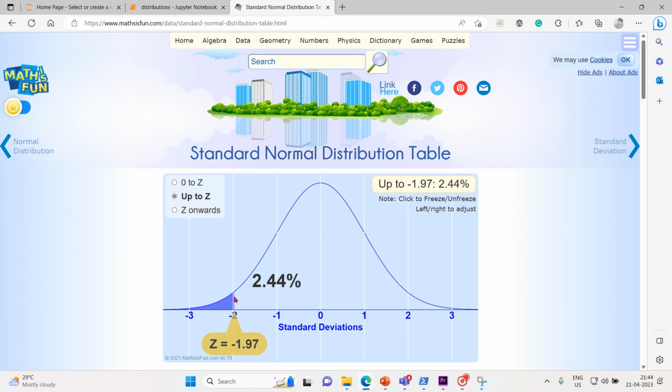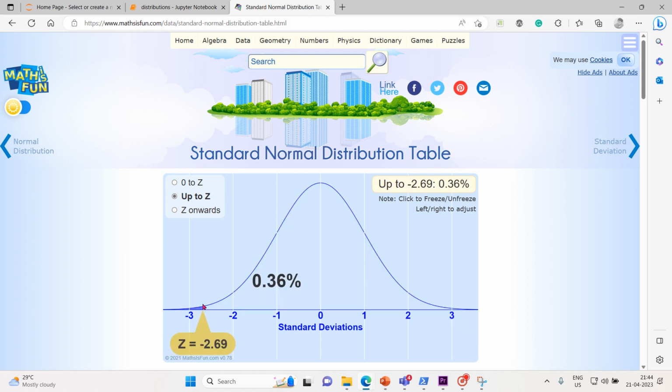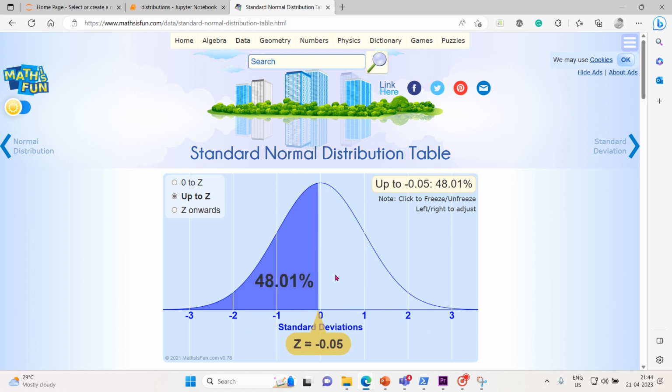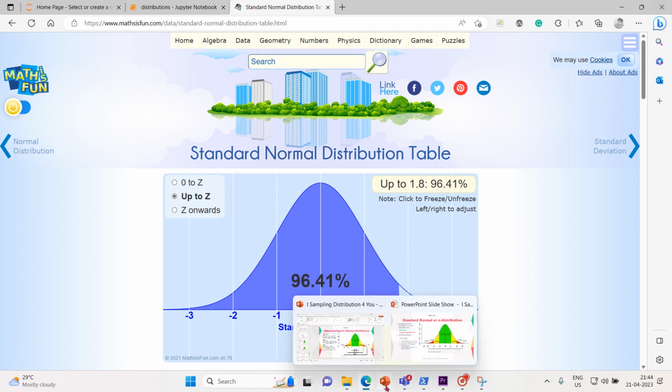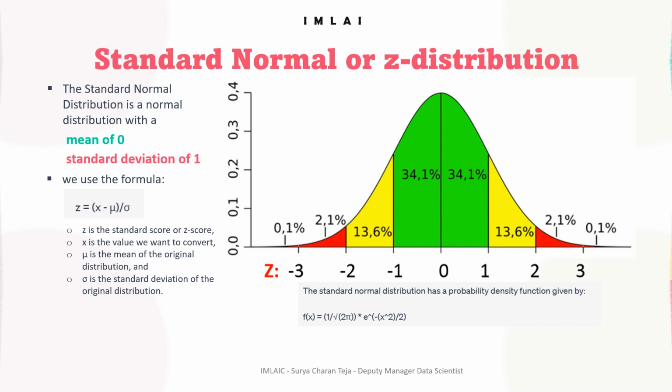Minus 2 to plus 2 is your 95 percentage interval, and minus 3 to plus 3 is your 99 percentage interval. When we say 95 percentage interval, obviously 95 percentage of the data lies between this. That is a small simulation for you to understand the standard normal or Z distribution better.